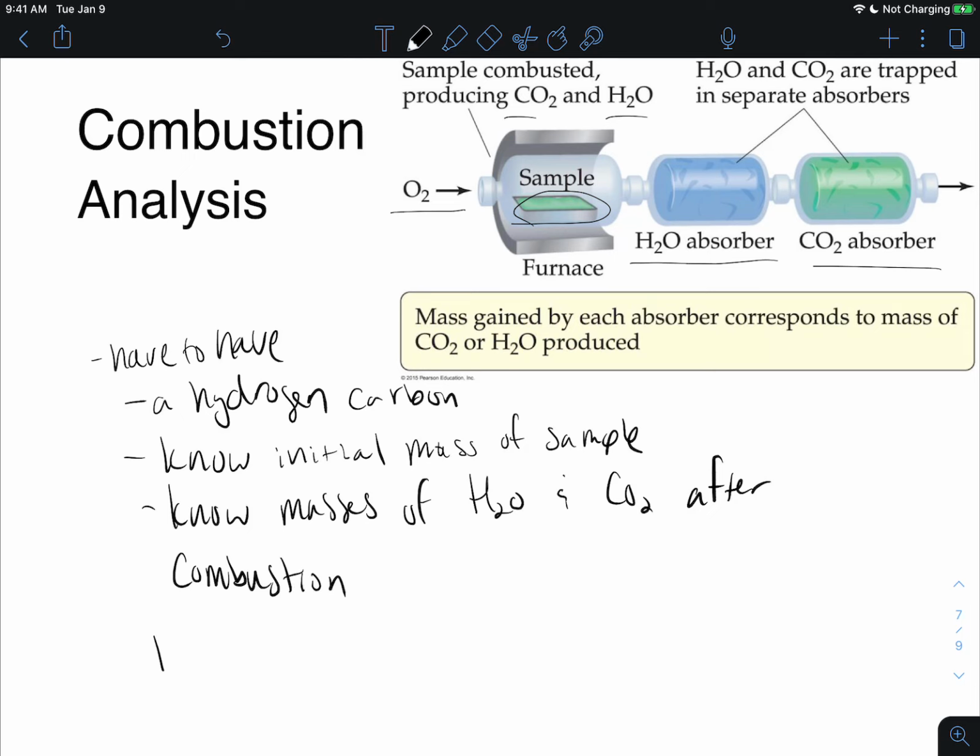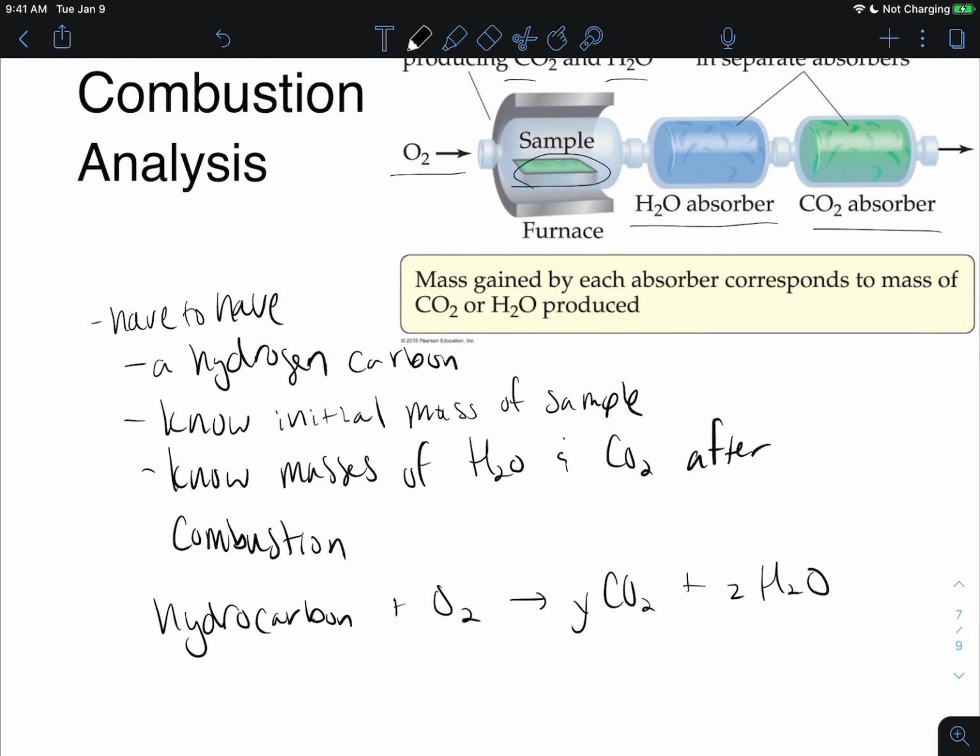So this is taking some hydrocarbon, and again, it could contain a heteroatom, that's fine, reacting with oxygen gas to produce some amount of carbon dioxide and some amount of water.